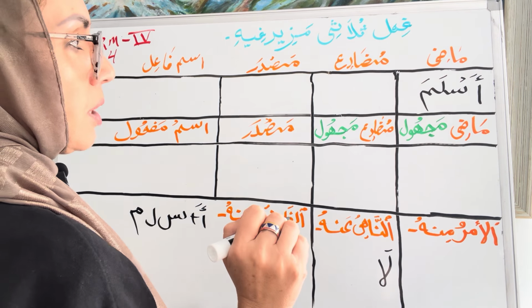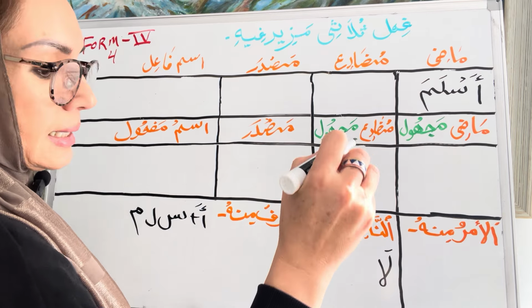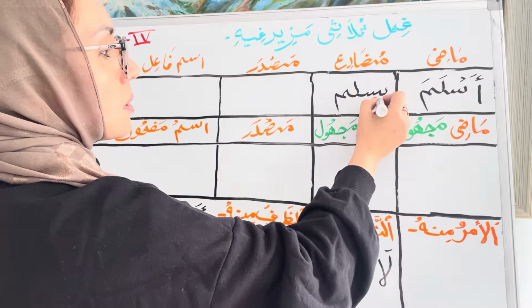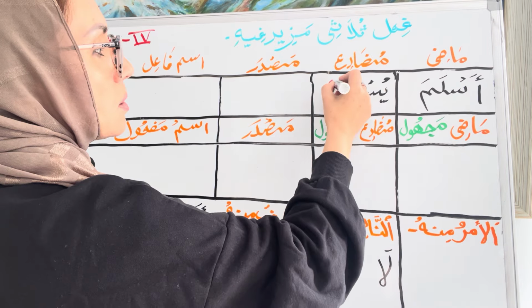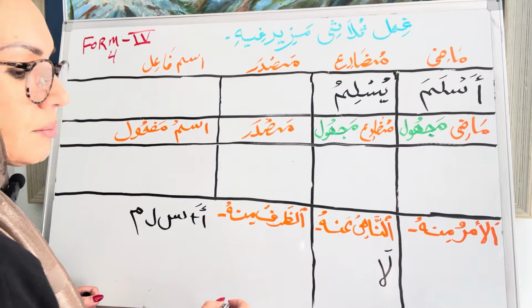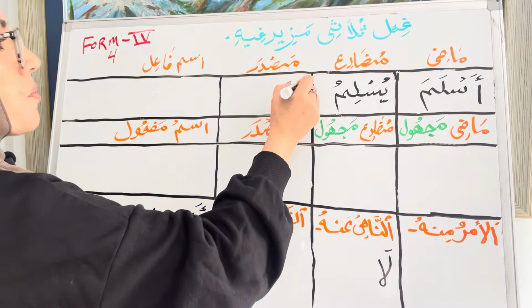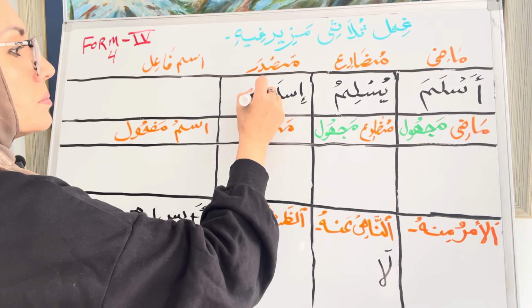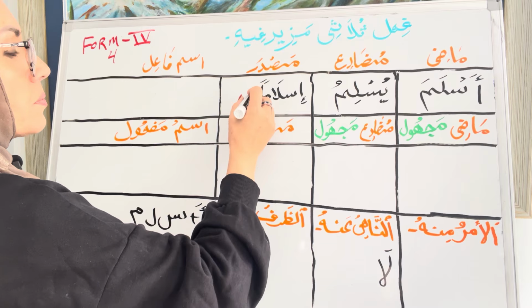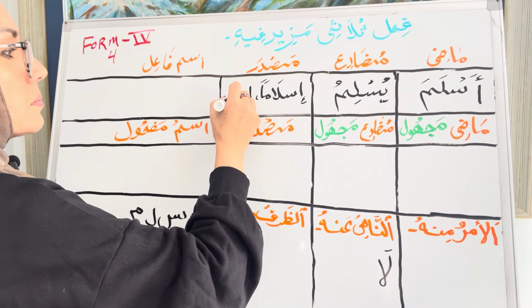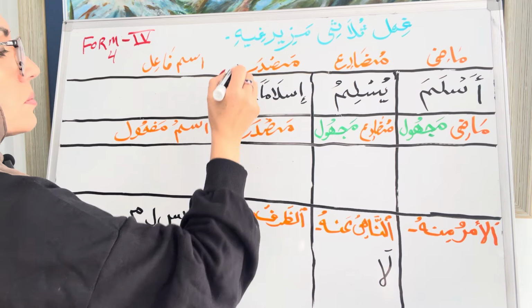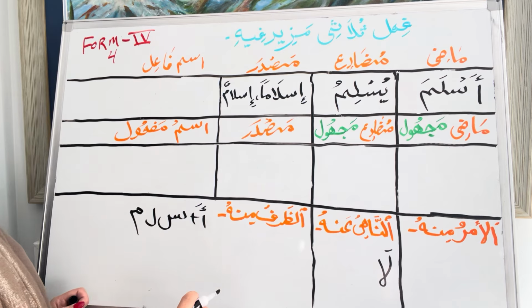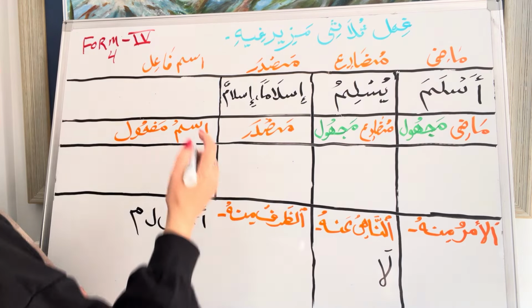Aslama, and then mudari becomes yuslimu, and then masdar is islaman or islamun. And then ism fa'il becomes muslim or muslimun.